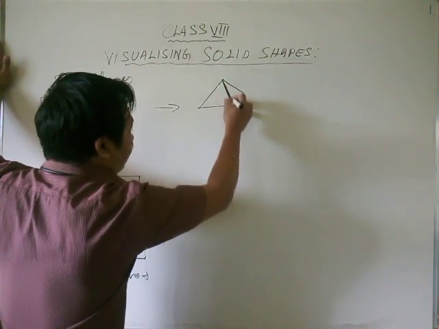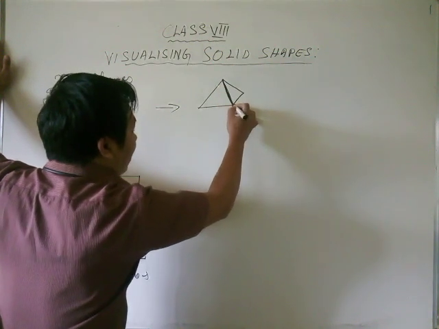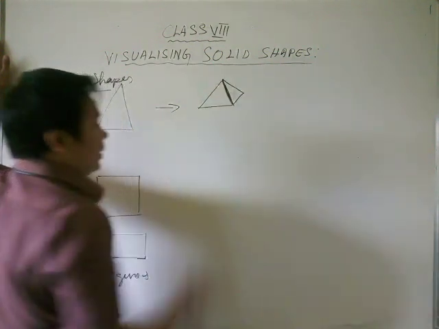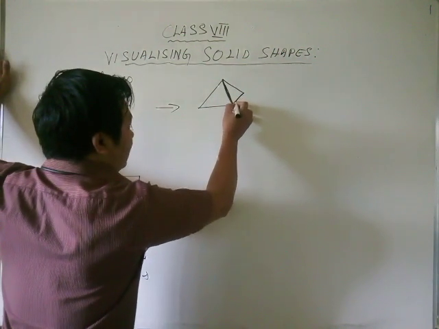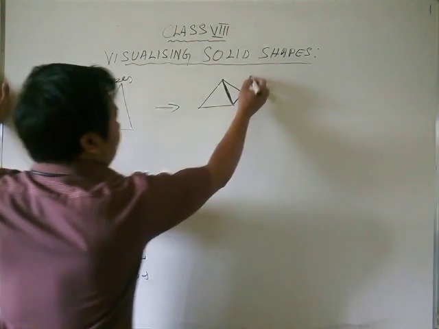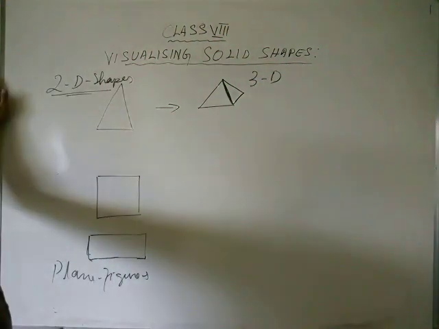Some say that if you count from top to bottom, it's called depth, and if from bottom to top, it's called height. So therefore, height doesn't matter. If this triangle has three dimensions, 3D.